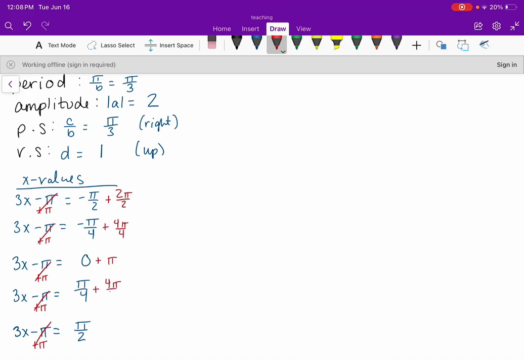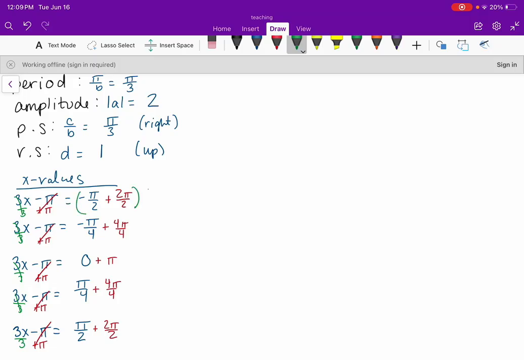You'll notice that I'm putting it as the same denominator. Then I'll divide by 3. So be careful. Dividing by 3 is the same as multiplying by 1/3.